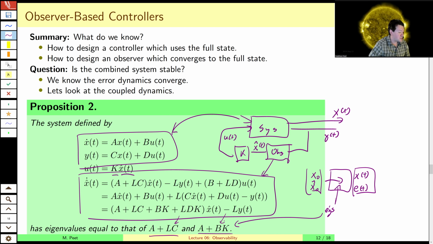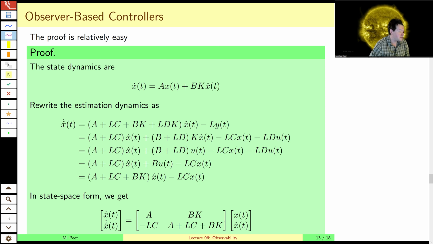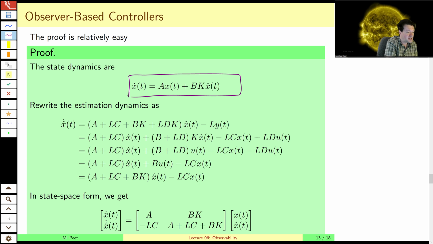Again, saying nothing about optimality or anything like that, but that's what we're looking at. The proof of this is relatively straightforward, and it's so classical, I'll just prove it real quickly. We just write down the dynamics. Here are the dynamics of x dot. They are coupled with this estimate of the state. And I should just mention why we are proving this.